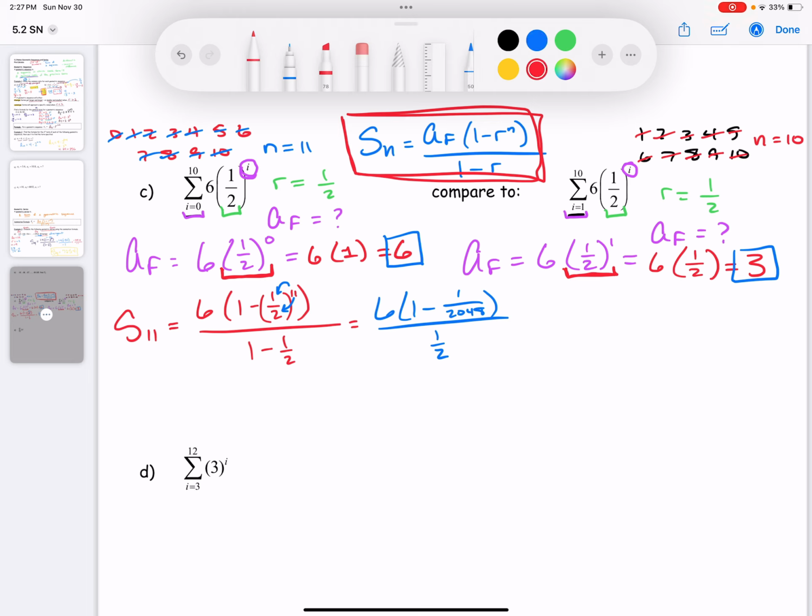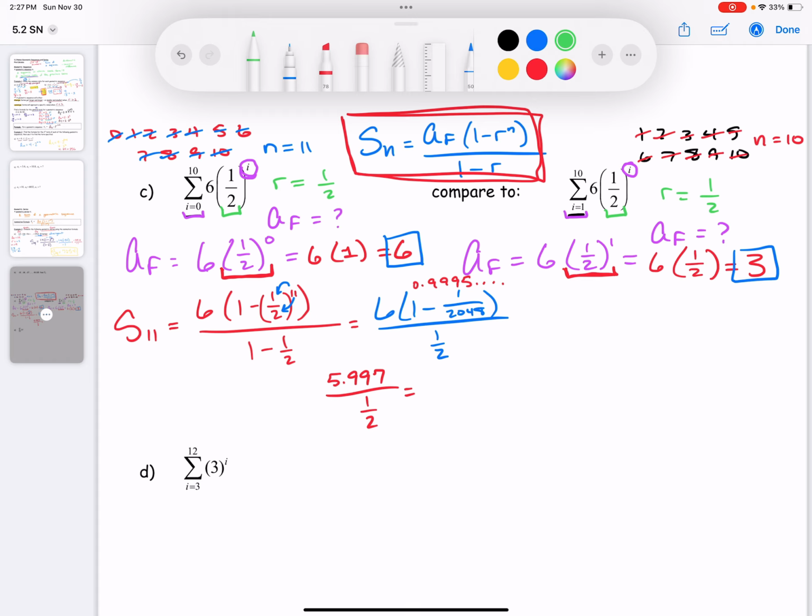All this inside here works out to be 0.9995 and so on. So almost 1. So when I multiply that by 6, I get 5.997 over 1/2.